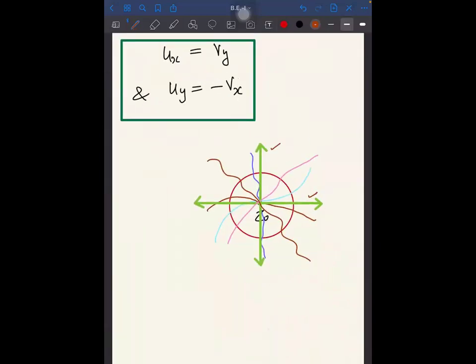Because every path will have some component of x or y. These are the simplest paths, so we checked them and formed a necessary condition. So always keep in mind that these are the simplest paths. That's why they generate the condition which we call the Cauchy-Riemann equations.